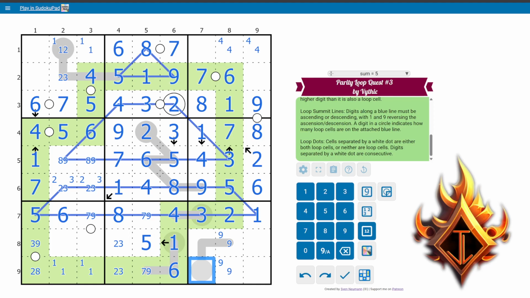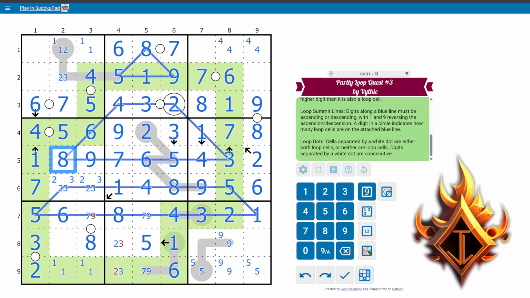We'll put 5 in one of those. 7-9 can't be 6, so it will be 8. These become 2-3. Get the 9 there finally. That becomes 7, that becomes 9.